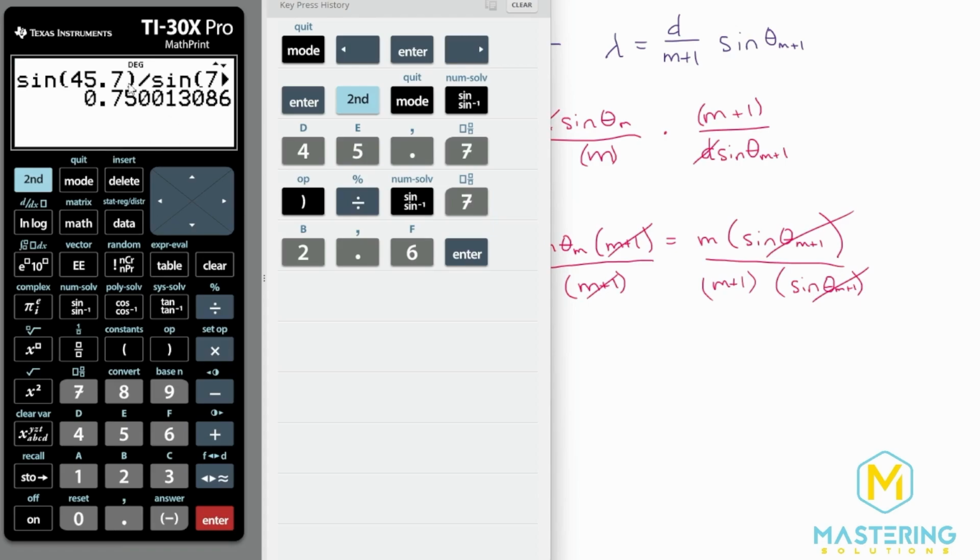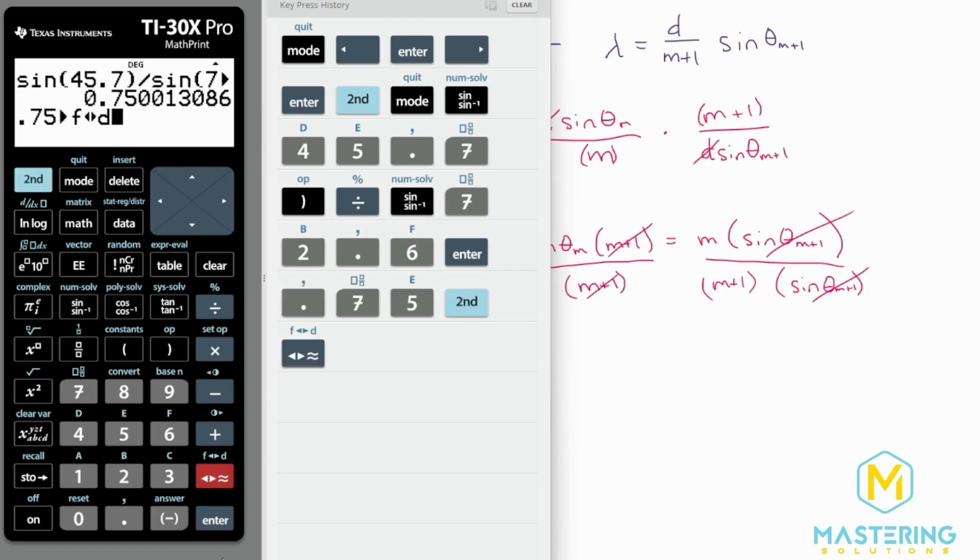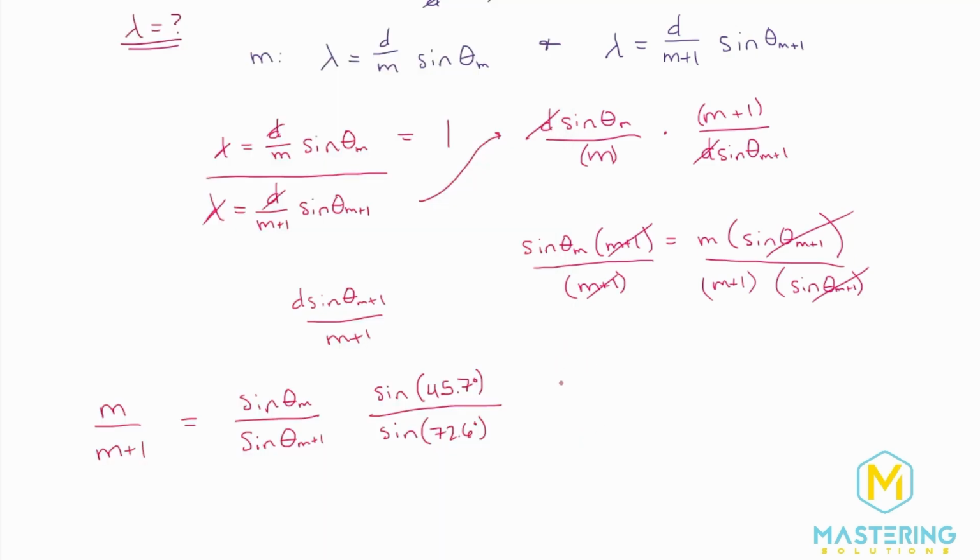That is what m over m plus 1 is. So let's round it to 0.75. If we turn that into a fraction, it is 3/4. So we just found that m over m plus 1 is equal to 3/4.